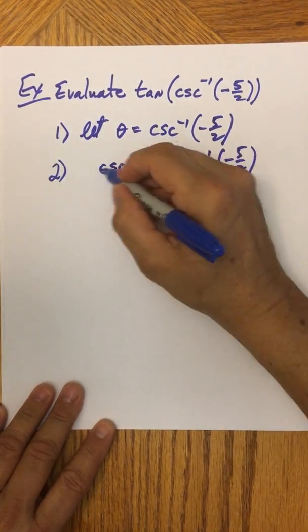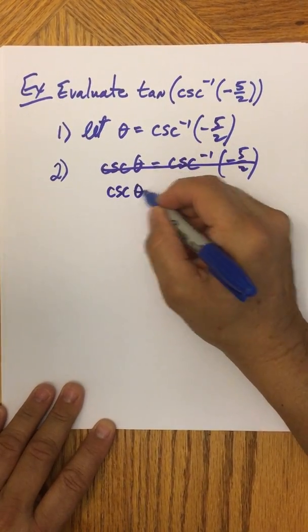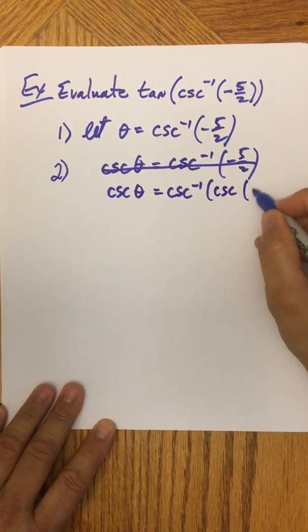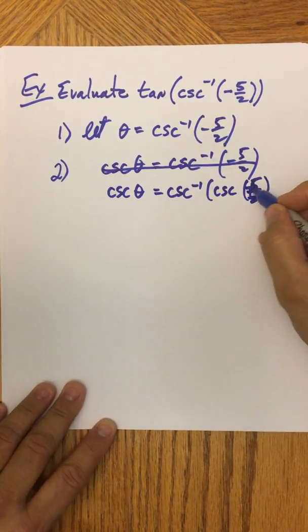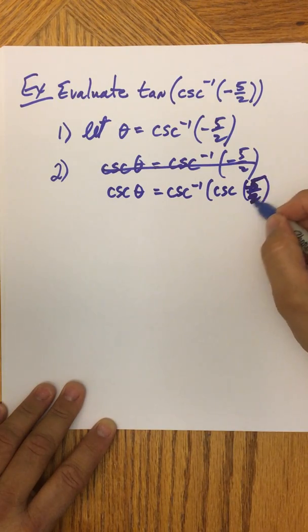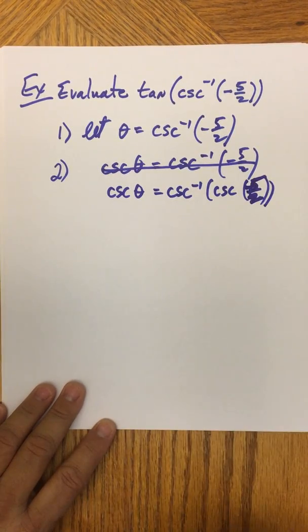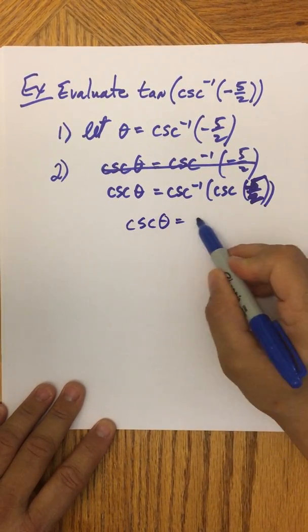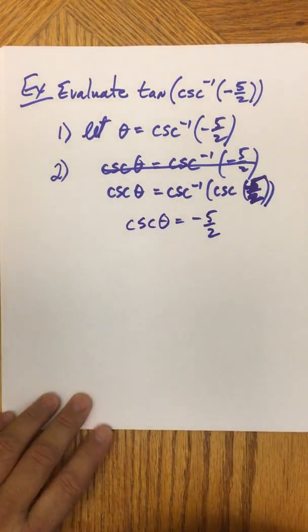Let me just rewrite that. All right, there's my -5 halves. Okay. Now, these cancel out. I'm left with cosecant of theta is -5 halves, right?